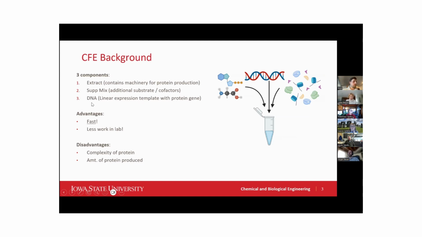The third component is the DNA, which encodes the protein of interest. The big advantage of cell-free expression over traditional cell-based expression methods is that it can be fast and easily scalable for a large number of unique protein sequences. That's why it's useful for the screening phase in producing proteins.